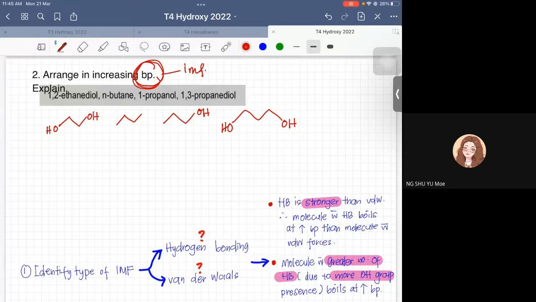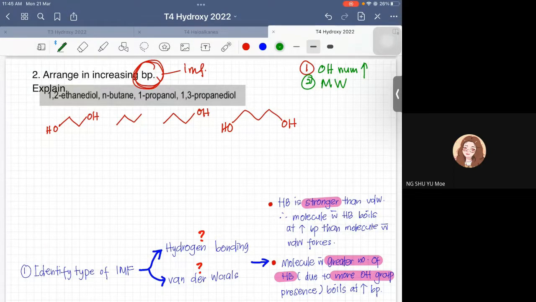So, kita pilih faktor pertama, faktor ada OH ke tak ada OH. Boiling point yang paling tinggi adalah OH number dia banyak. The number of OH high. Faktor yang kedua, molecular weight.